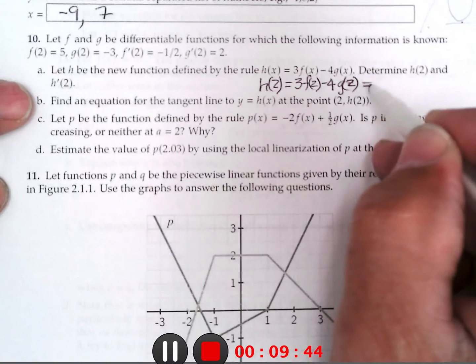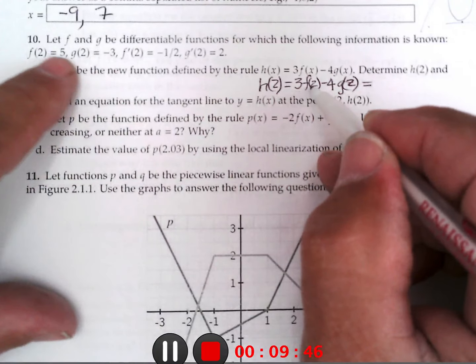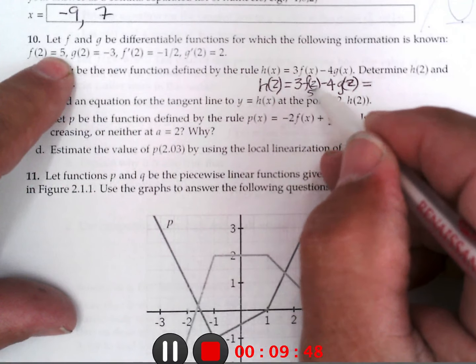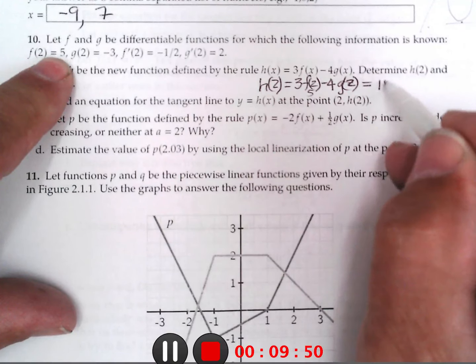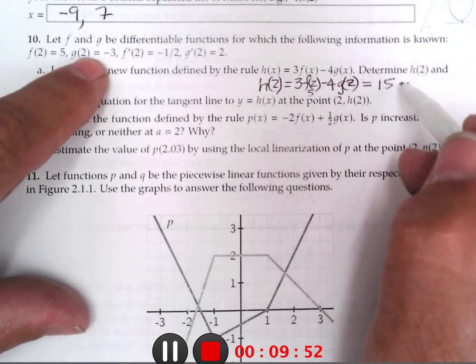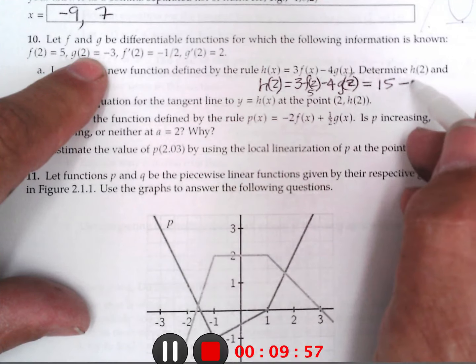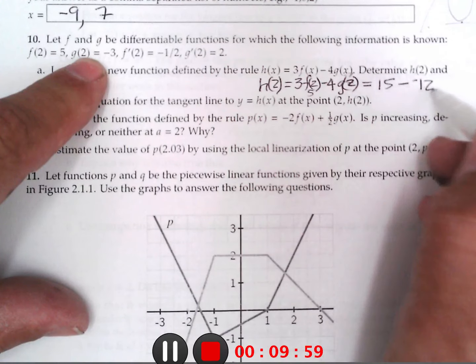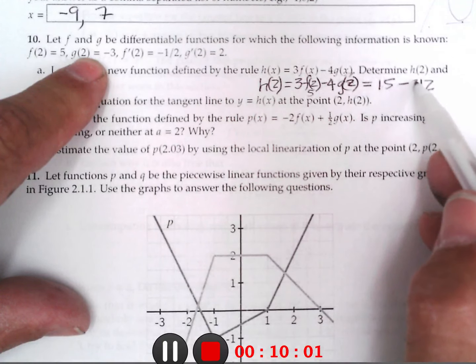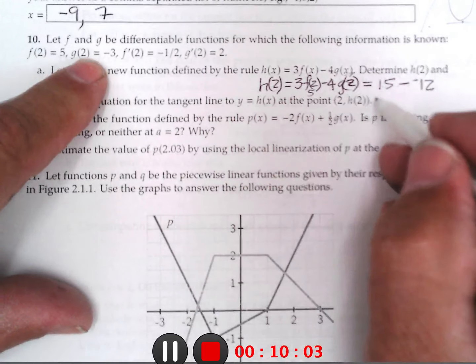And f of 2 was 5, so we got 3 times 5, or 15, minus, and g of 2 is minus 3, so we got minus 4 times minus 3, which is minus 12. So we got 15 minus, or plus 12, which is 27.